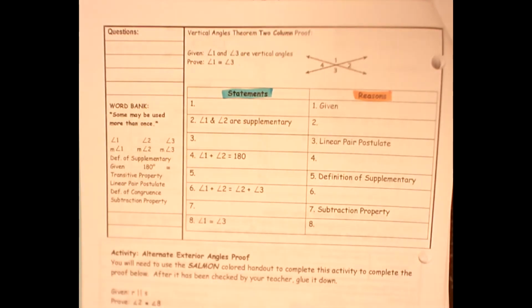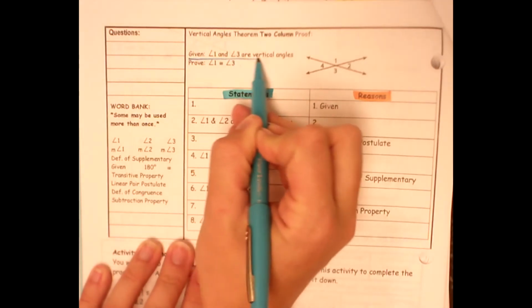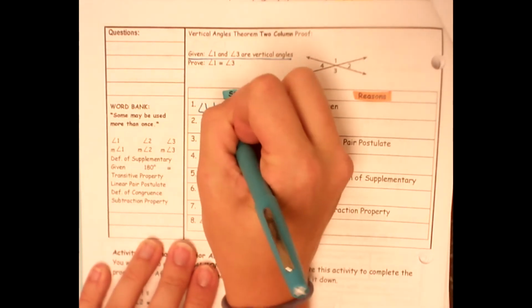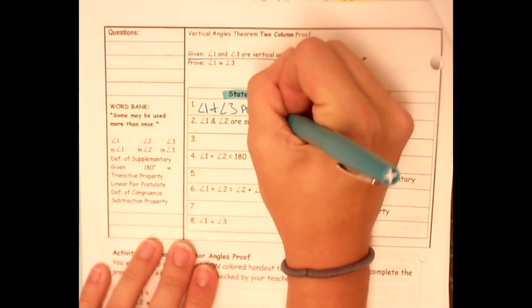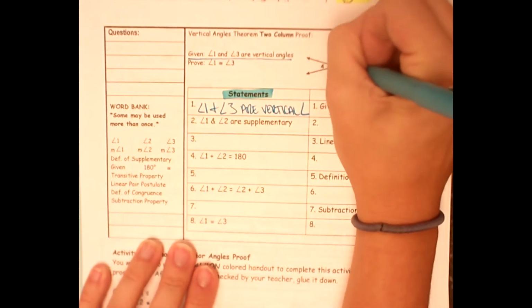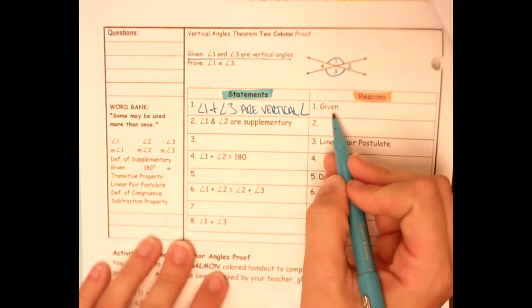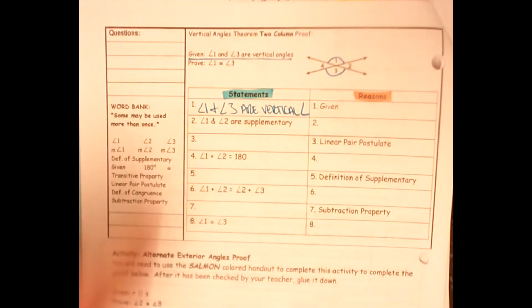Our first statement is always the given up at the top. See, they say angle 1 and angle 3 are vertical angles. Well, what's our reason? They told us that. It's our given. This will always go in your top row.